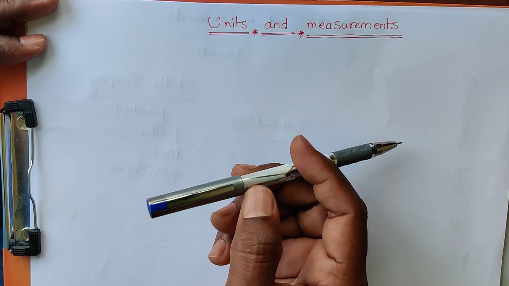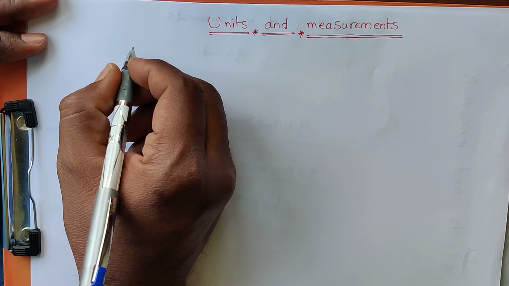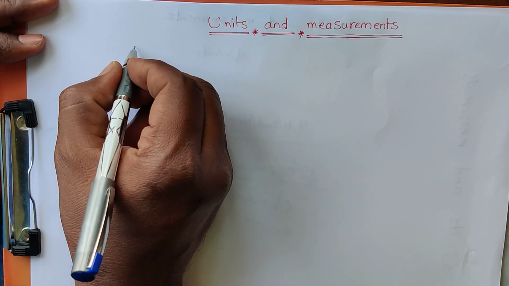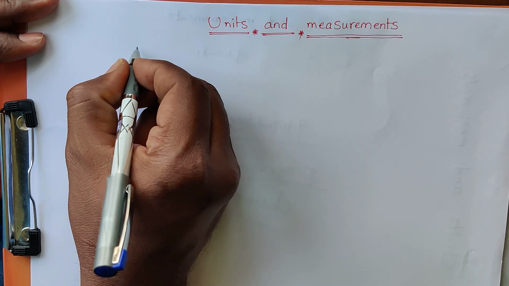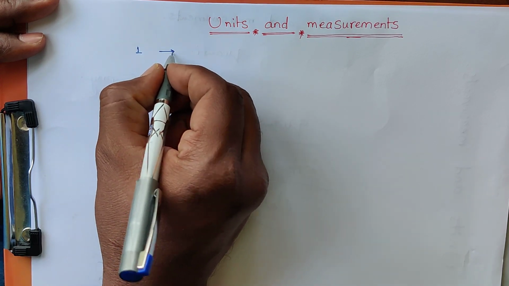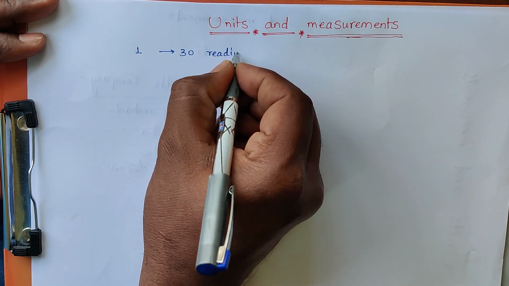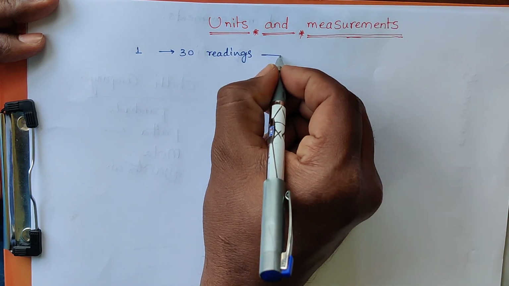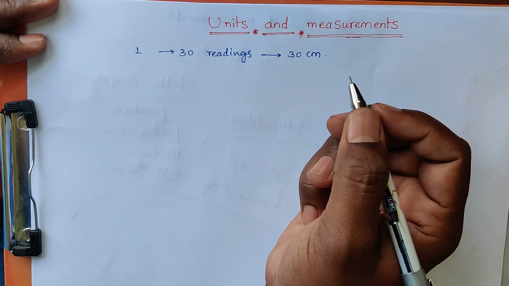See here, when you take an ordinary long scale, it consists of 1 to 30 readings. That means it has 30 centimeters.